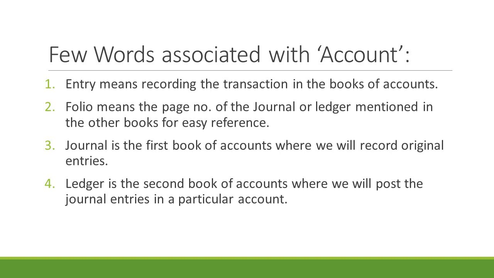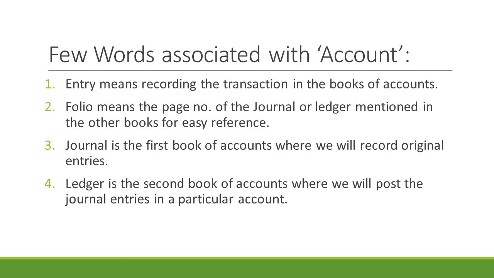Then journal, we frequently use this word in accounts. It is the first book of accounts where we record original entries. The primary entries are recorded in the book called journal. The next book is ledger. It is the second book of accounts where we post all the journal entries in a particular format.